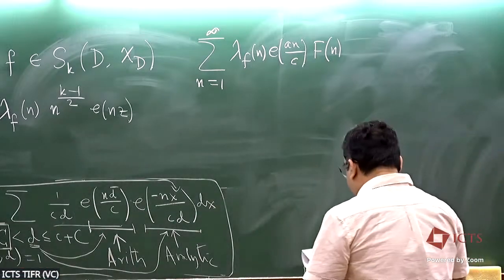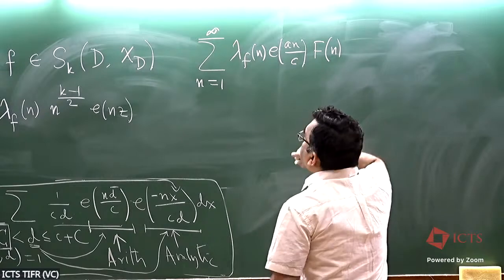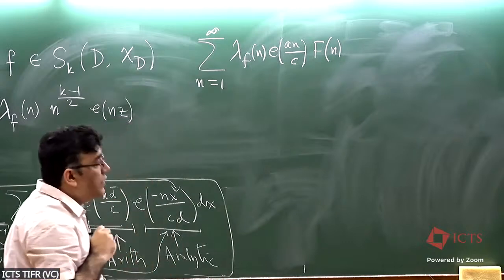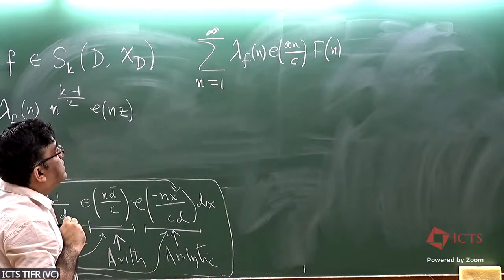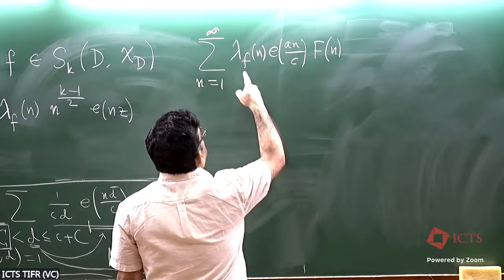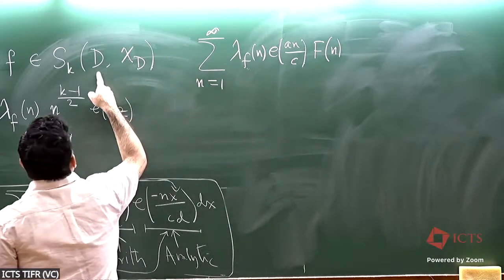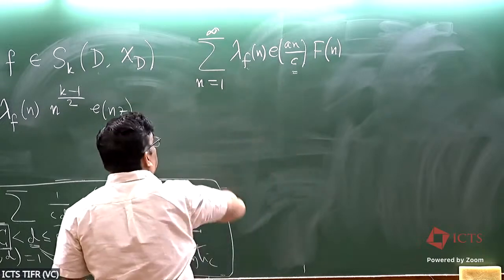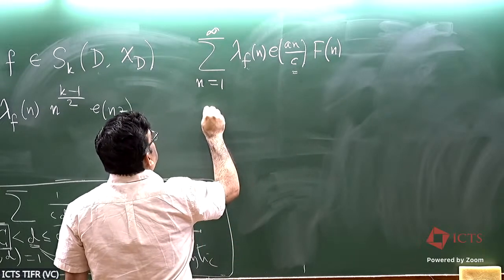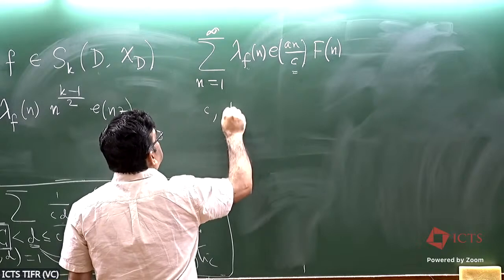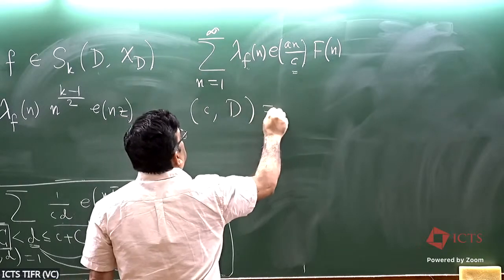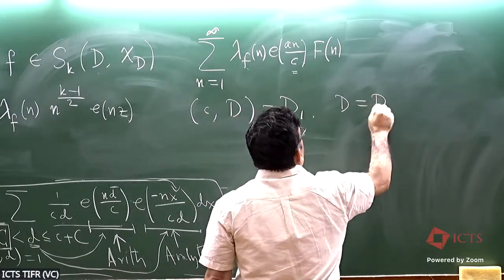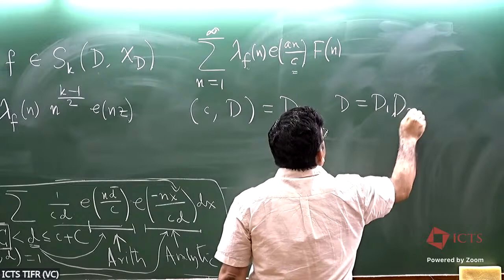Now we want to write down the summation formula for this. There is an issue here because f has a level D, and we have to see how c is related to D. Suppose the GCD of c and D is D1, and we write D as D1 times D2.